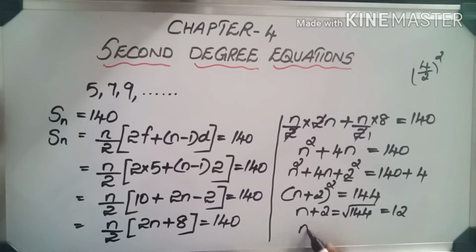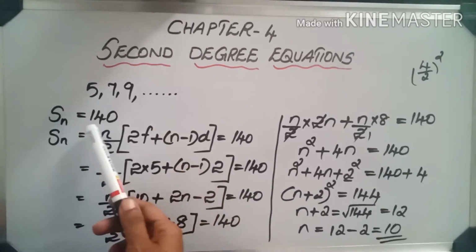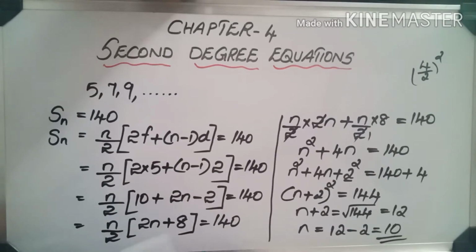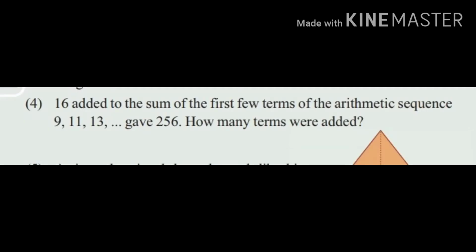So n equals 12, and the plus 2 comes to this side as minus 2. So 12 minus 2 is 10. So n equals 10. That means 10 terms of this arithmetic sequence we need to add to get the sum as 140. The first 10 terms sum is 140. This is the answer.